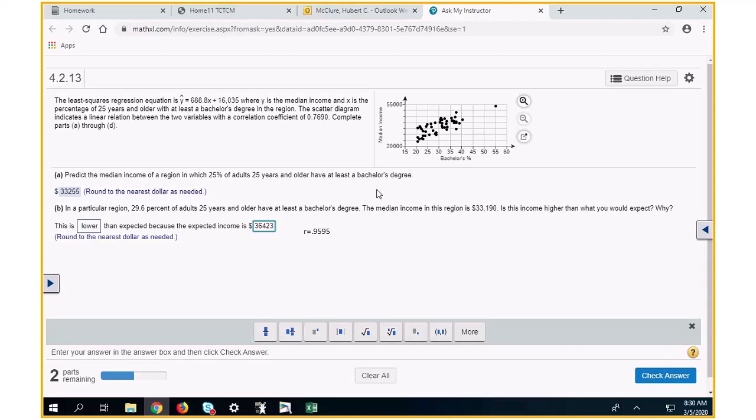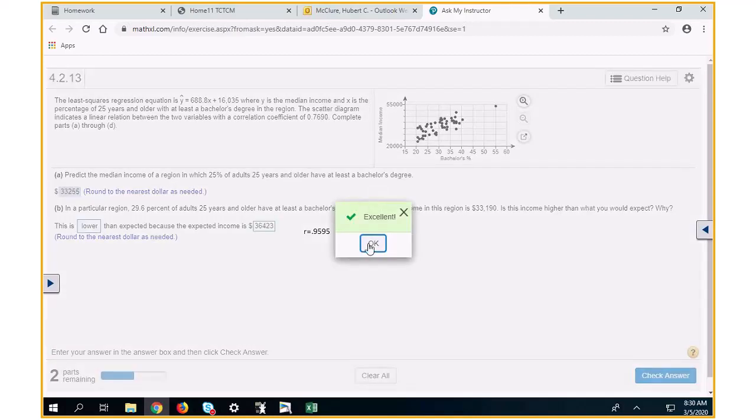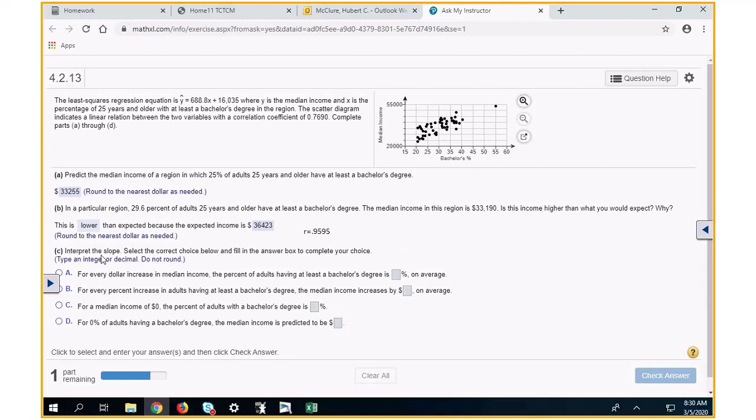I don't mind the first question because most of y'all are students, but that second one is kind of twisted because you could do it two ways, the way they got it written. But interpret the slope. Well, the slope says that for every change in x, you're going to go up $688. That's what it says.